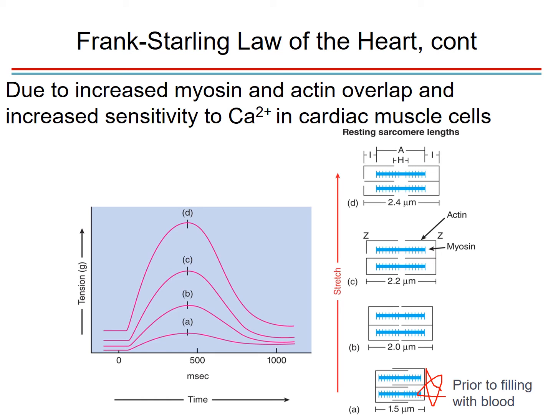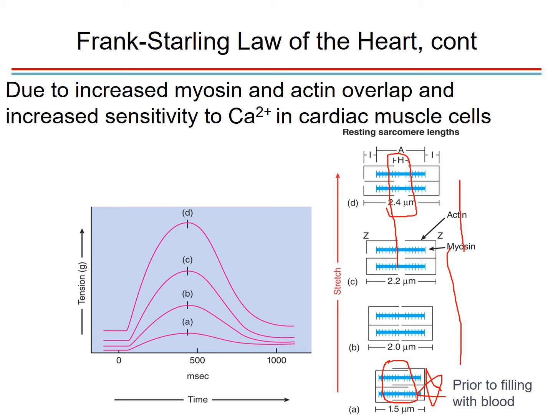And as we have stretching of that end diastolic volume of the myocardium, then we have an increase in contractile strength. And so what we have here is there is overlap between actin and myosin. However, as we increase contractility, then we also have an increase in strength.